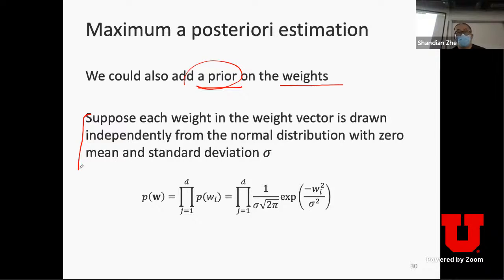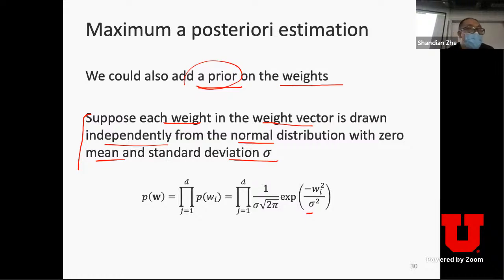Here we just want to introduce a very commonly used prior, which is called the Gaussian prior. What does Gaussian prior mean? It means we believe in a prior distribution where each weight in our weight vector is drawn independently from the normal distribution with 0 mean and some standard deviation sigma. Someone asked why you should choose 0 mean or some standard deviation.